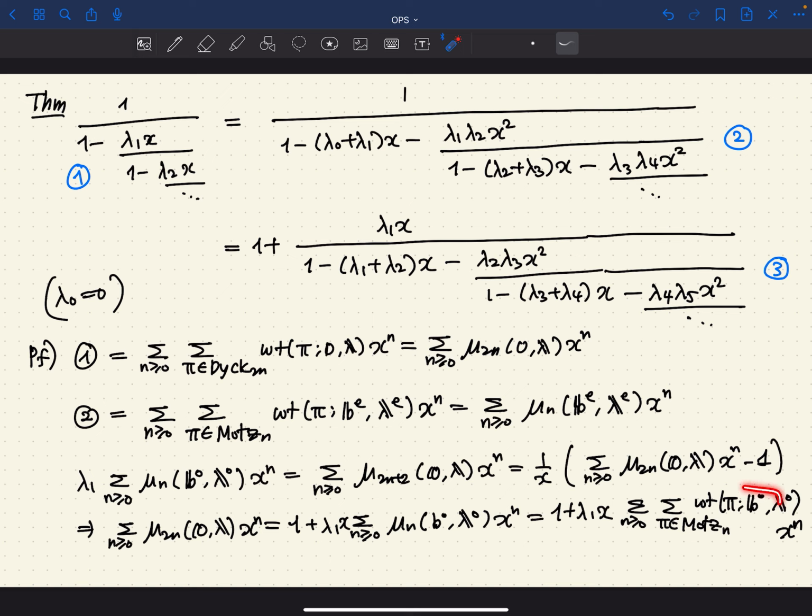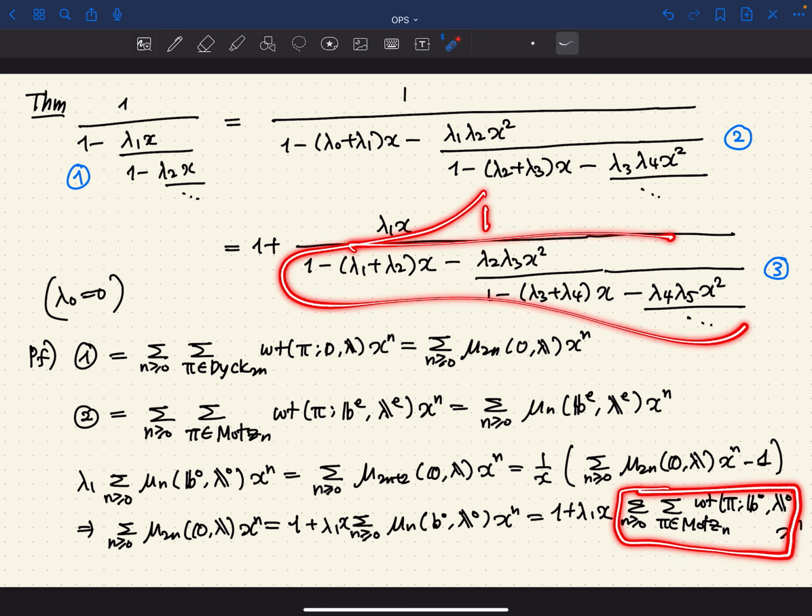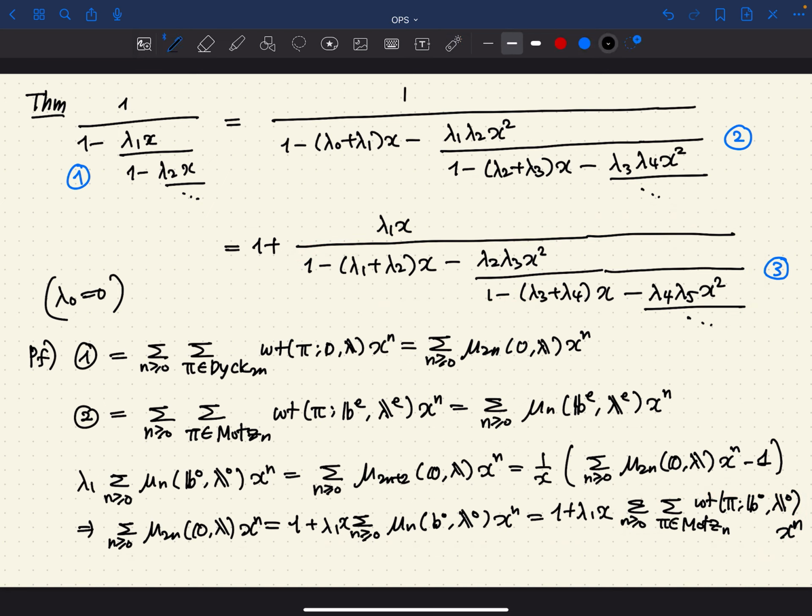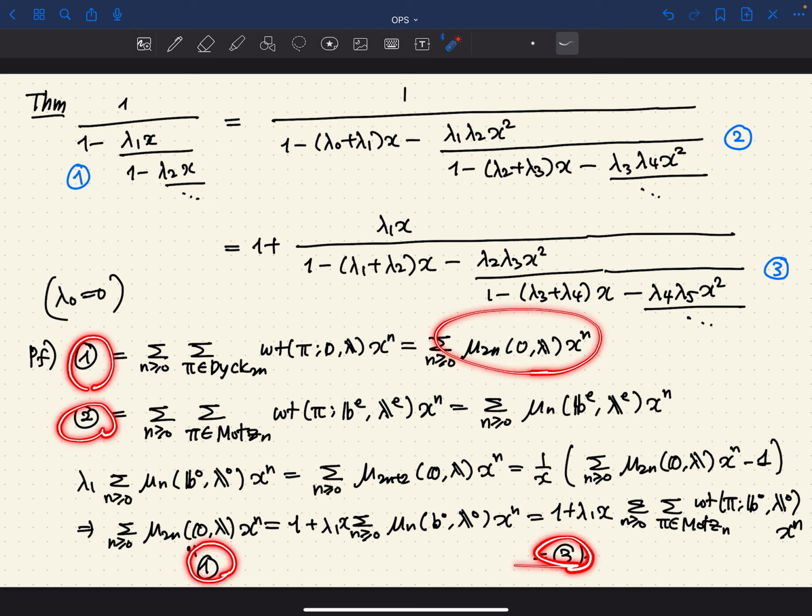But if you think about this part here, this part is exactly 1 over this part over here. Then this proves that this is 3. So this is 3. But this is what? This is 1. So we proved that 1 equals 2 and then 1 also equals 3. So that proves all the identities. Yeah, that's the end of this chapter.